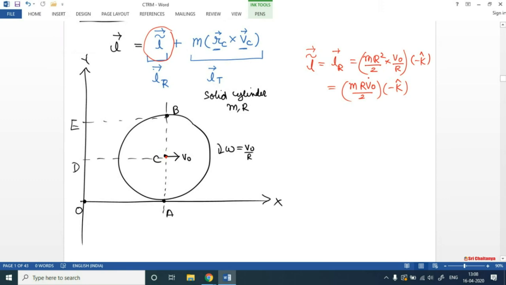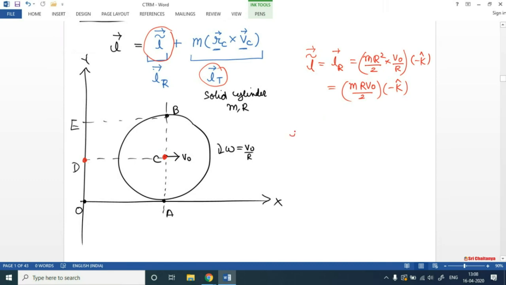Now see, for example, do we see any points about which this translational form of angular momentum is going to be equal to 0? Yes, definitely we have. About point C or about point D, the R is equal to 0. So the translational form of angular momentum about an axis passing through point C or point D is going to be equal to 0.